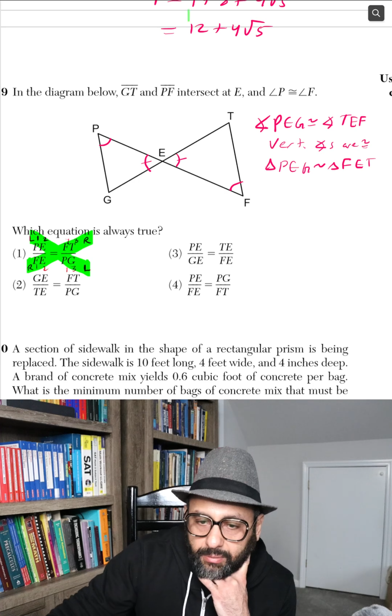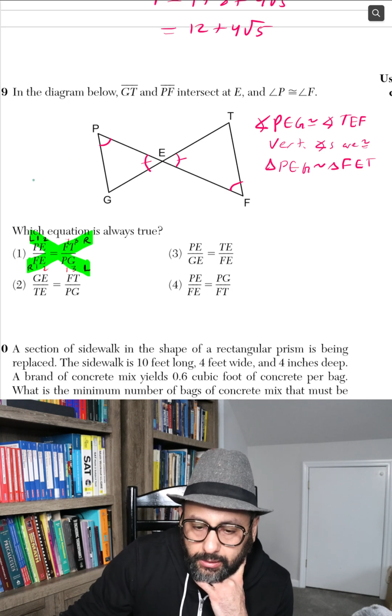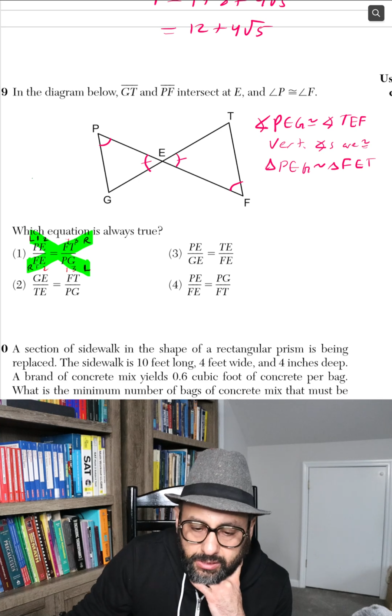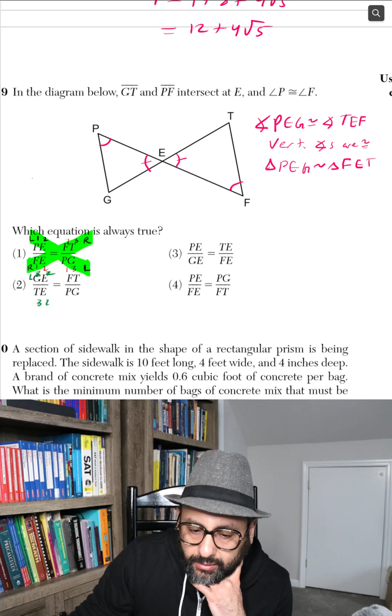If we do the same thing for choice 2, let's use the green. GE, which is 3 and 2 on the left side, and TE, which is 3 and 2 on the right side. That's equal to FT, 1 and 3, again on the right side, and PG, 1 and 3 on the left side.